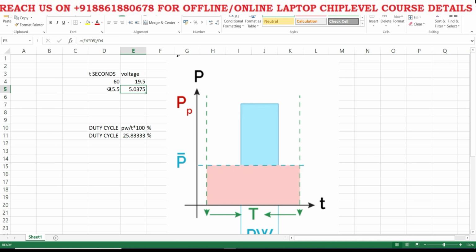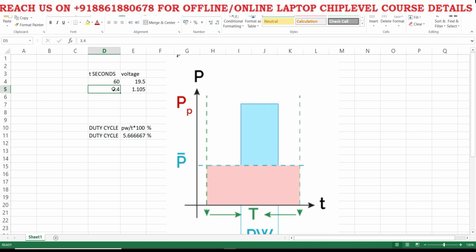Understood? In case of 3 seconds it's less, meaning 3 point something approximately. 3.4, yes, 3.45 something.